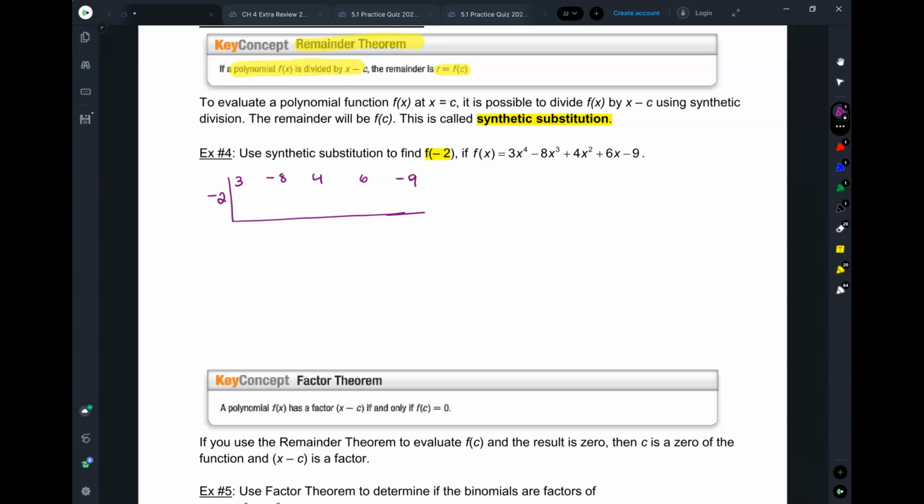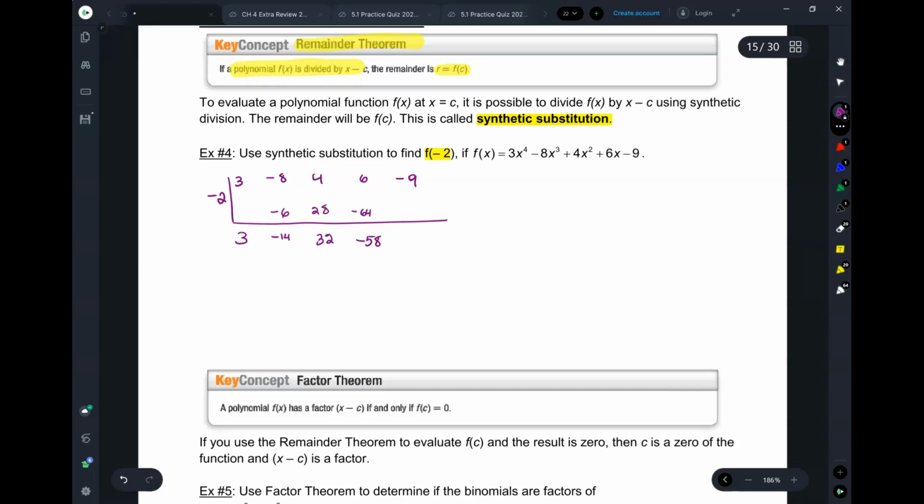So synthetic division will be, 3 comes down, you get negative 6, negative 14, 32, 28, and then 32, negative 64, negative 58, 116, 107. So this remainder, believe it or not, is f of negative 2.